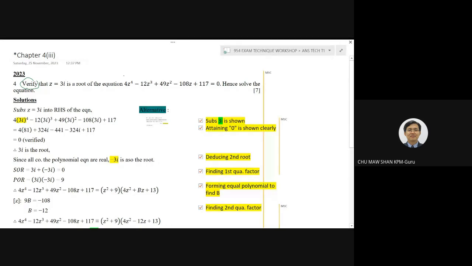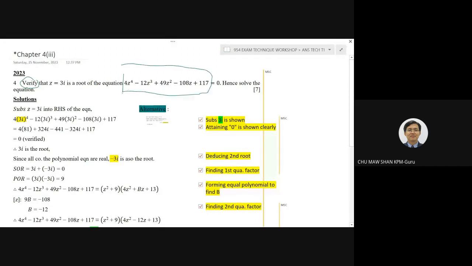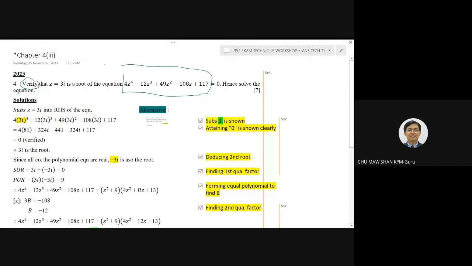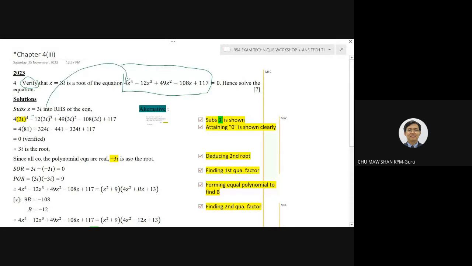Actually, I just look at the left-hand side. Okay, left-hand side. Then I try to sub this 3i into the left-hand side. Then you show the substitution here. Kan? You bukan perform equation. You adalah sub ke dalam left hand side saja. You not working with the equation. That is the difference. Okay. But this equation, the left hand side is this one, the right hand side is kosong.